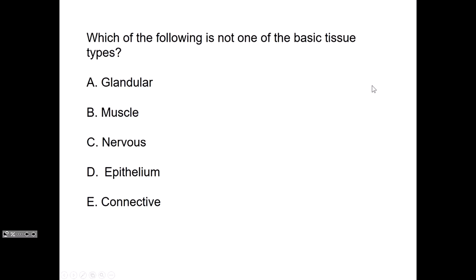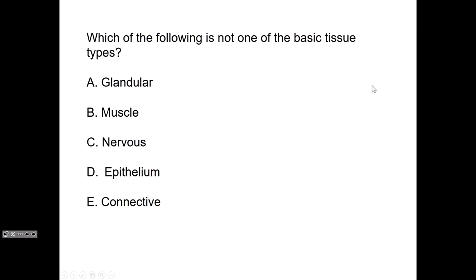Okay, so much for epithelium and glands. Here's our question for today. Which of the following is not, not being the operative word, one of the 4 basic tissue types?